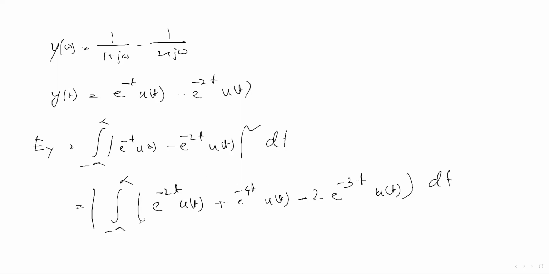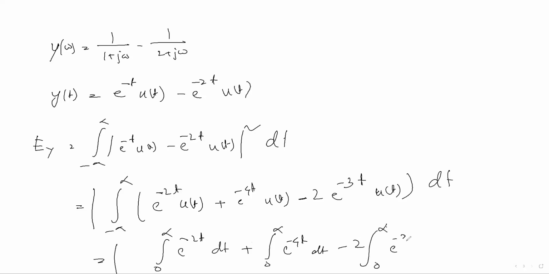You have to integrate all these terms, and since u(t) is there, we can write 0 to infinity e to the power minus 2t dt, plus 0 to infinity e to the power minus 4t dt, minus 2 outside, 0 to infinity e to the power minus 3t dt.